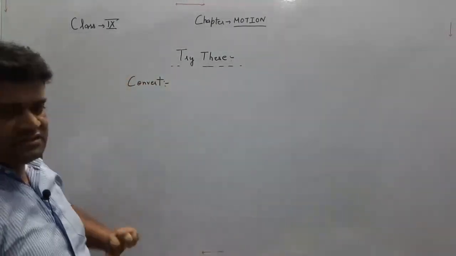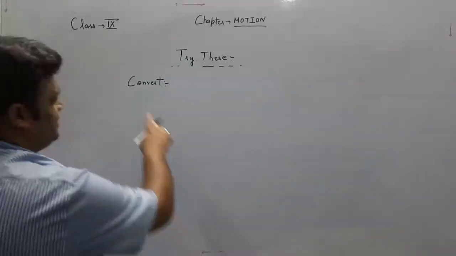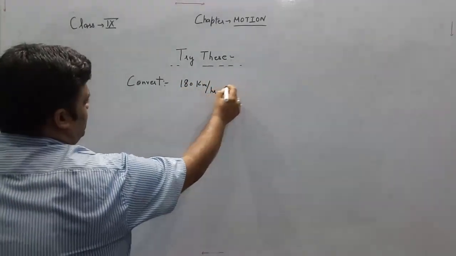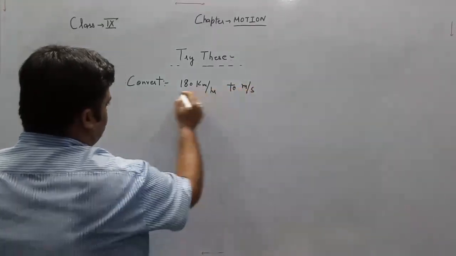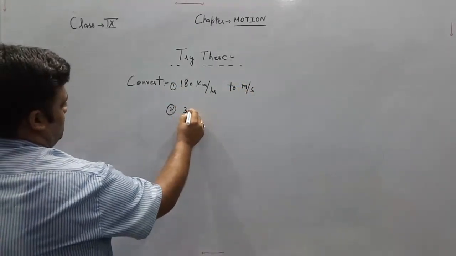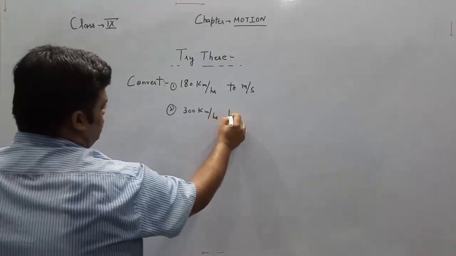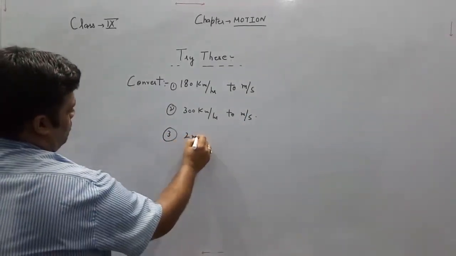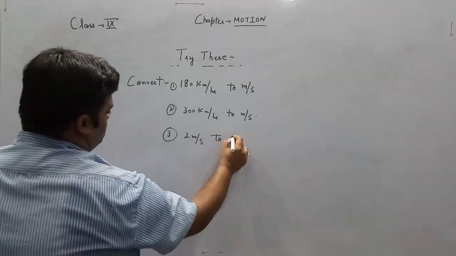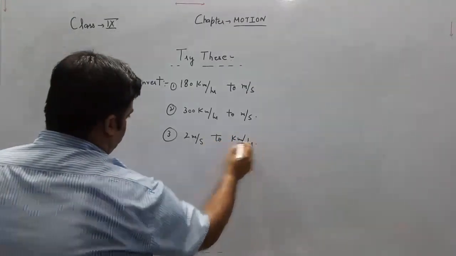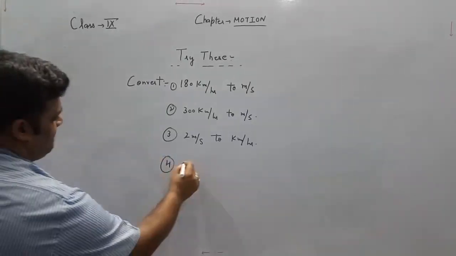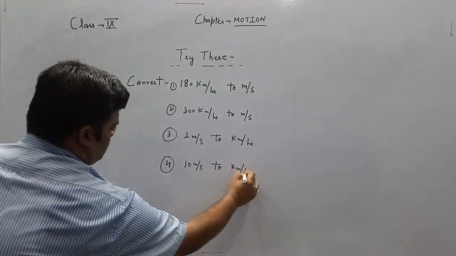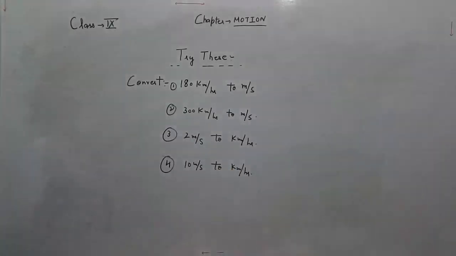You can try some questions related to the topic which we have discussed: convert 180 kilometer per hour to meter per second, 300 kilometer per hour to meter per second, 2 meter per second to kilometer per hour, and 10 meter per second to kilometer per hour.